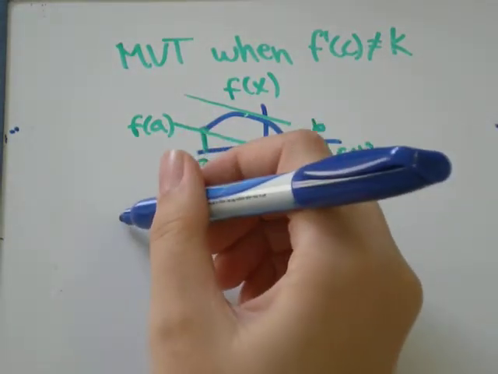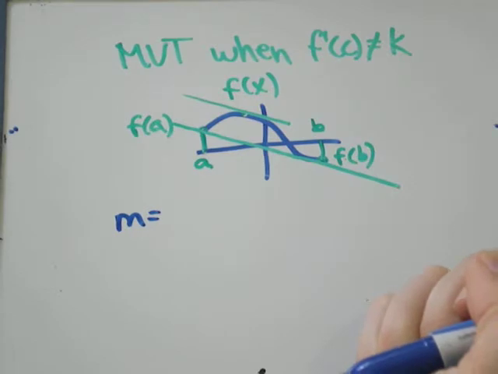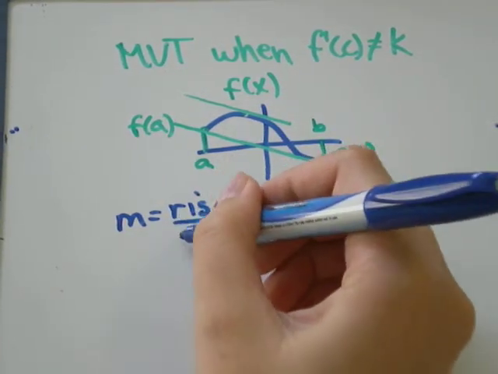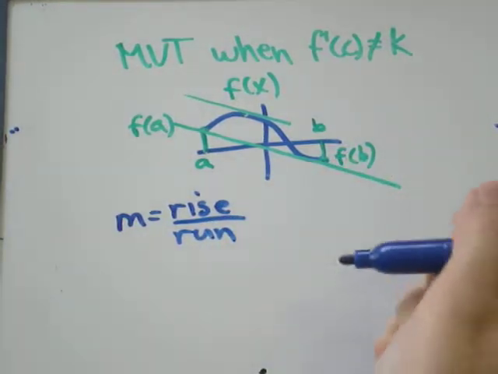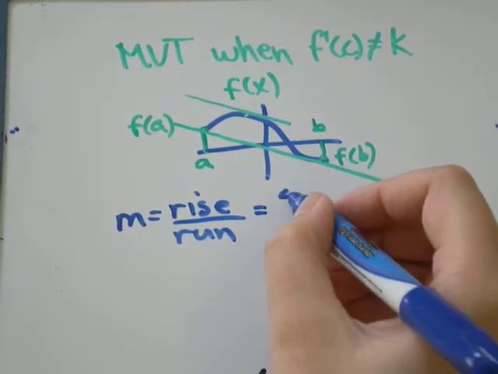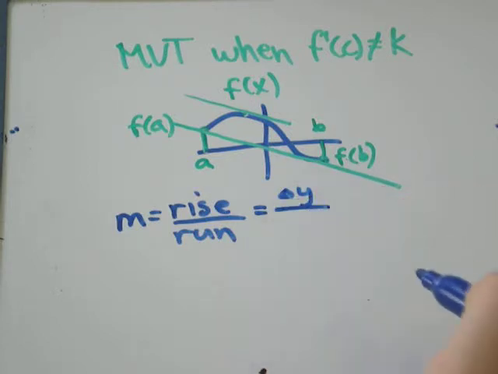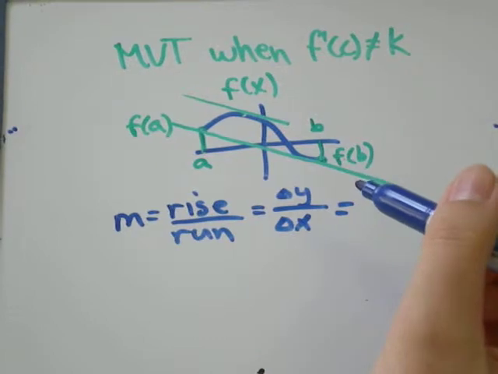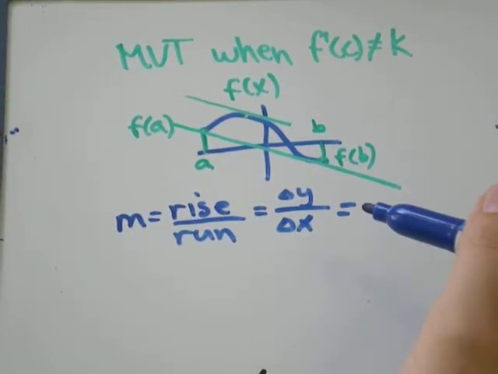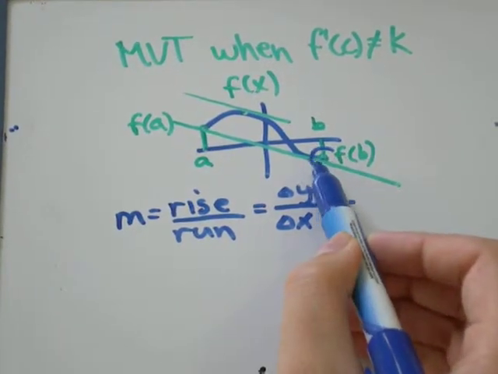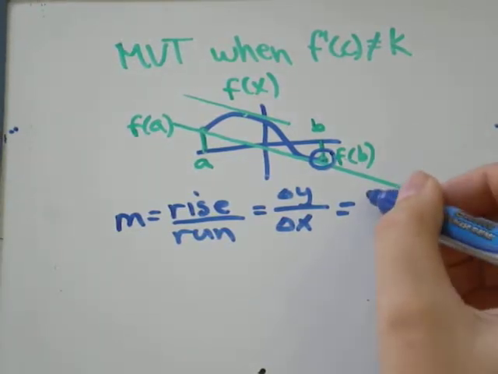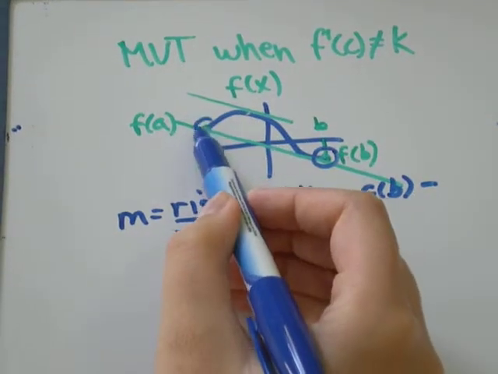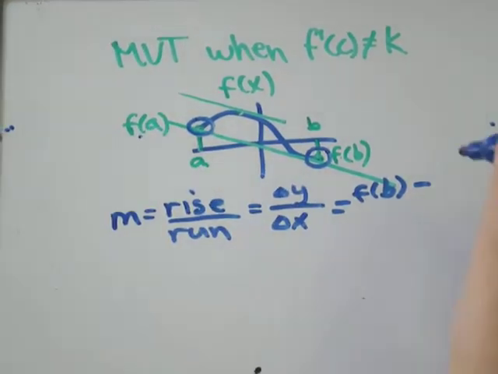So let's think a little bit about the equation that we know for slope. So we know that slope is represented in math by the letter m, and that's rise over run. Rise means change in y value, and run means change in x value. Change in y value means the y value where you end up, which would be f of b on our graph, minus the y value you started with, f of a.